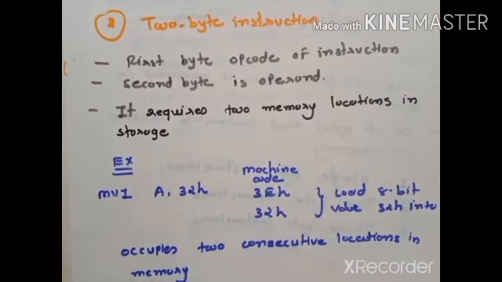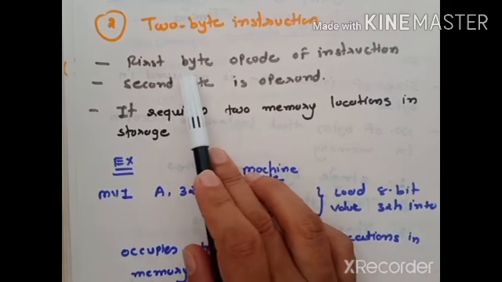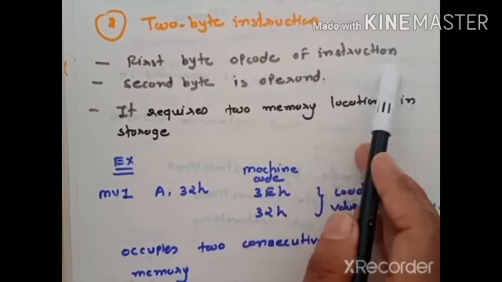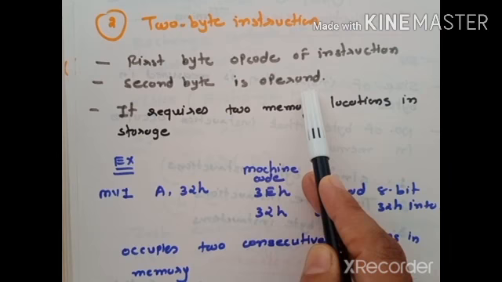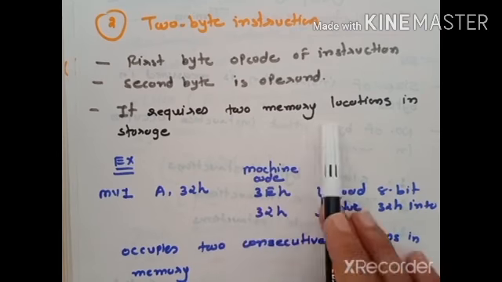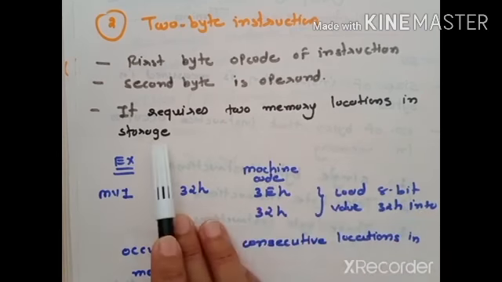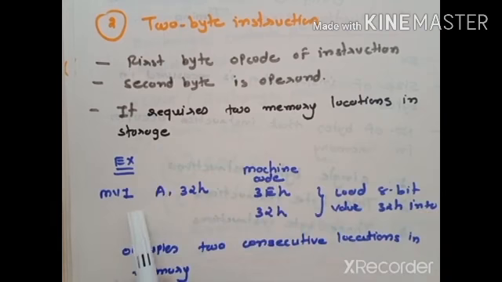Second, the 2 byte instruction. In a 2 byte instruction, the first byte is the opcode of the instruction and the second byte is the operand. It requires 2 memory locations in storage. The example of this is MVI A,32H.